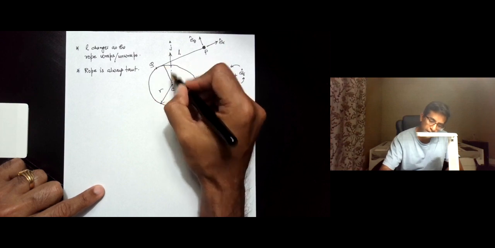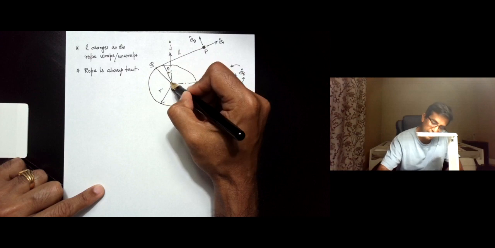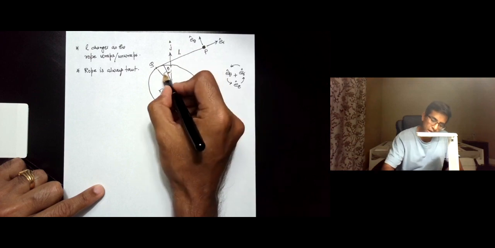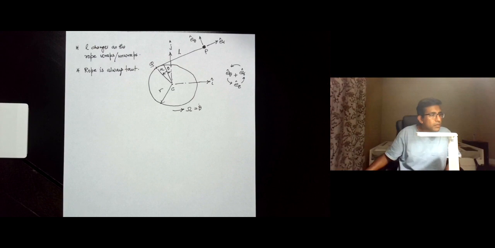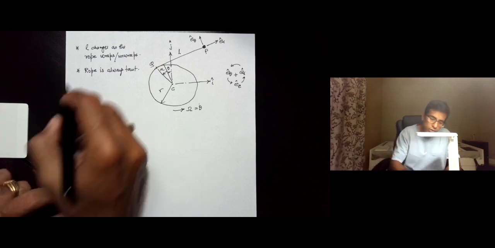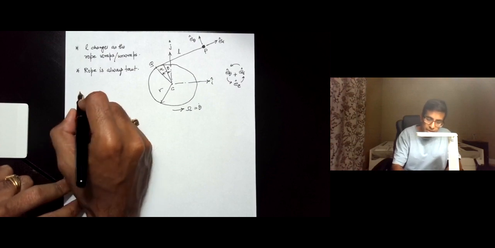One is the fact that the disk has turned by an angle theta, and on top of that, let's say that the rope has unwrapped by an angle alpha. So this gives a general configuration of the rope and the disk assembly.